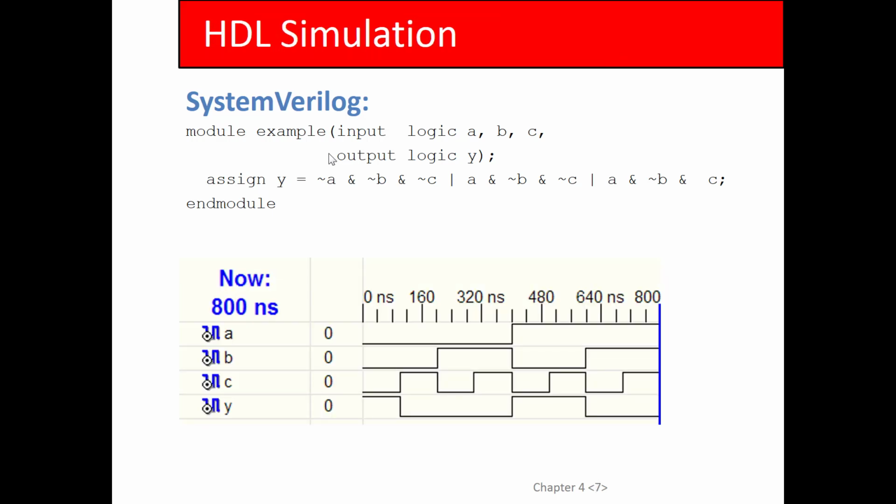Okay, and then if you were to simulate this, generally speaking, you'll look at the simulation results in a waveform view where time is along the horizontal axis, and all the signals that you want to monitor are listed one per row, one per line.